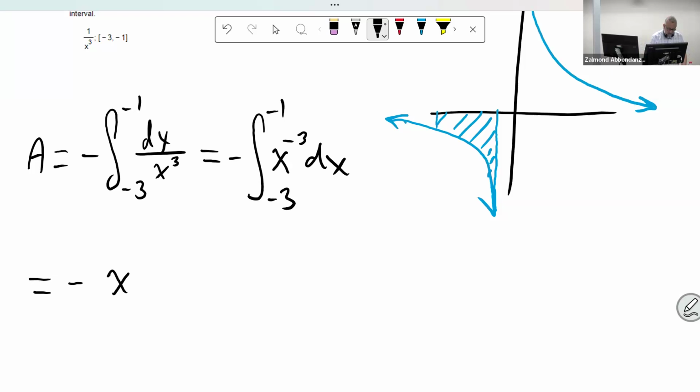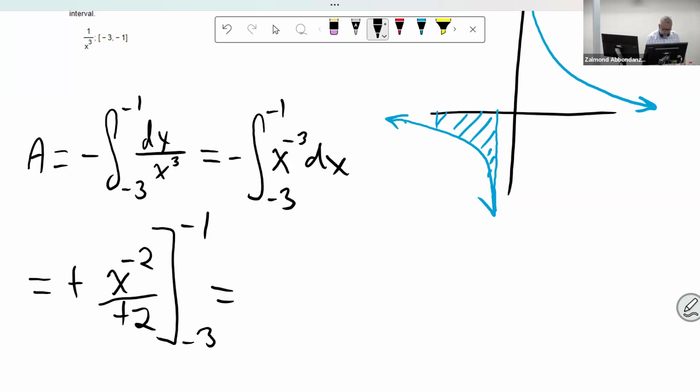So we have x to the -2, and then we divide by -2. And we evaluate that from -3 to -1. The negatives here cancel out. So this equals the same thing as 1 over 2x squared evaluated from -3 to -1.